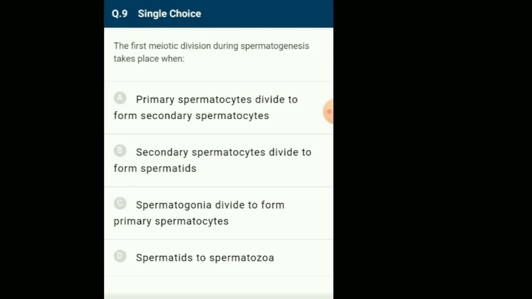The primary spermatocyte then undergoes meiosis 1 to produce two haploid secondary spermatocytes. The haploid secondary spermatocytes undergo meiosis 2 to produce four haploid spermatids. So the answer for this question is option A. Primary spermatocytes divide to form secondary spermatocytes.